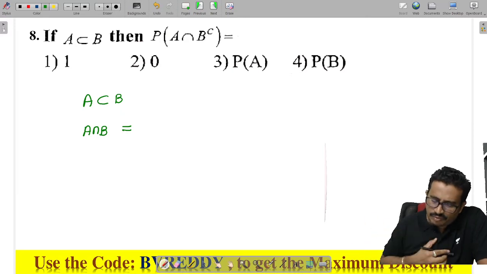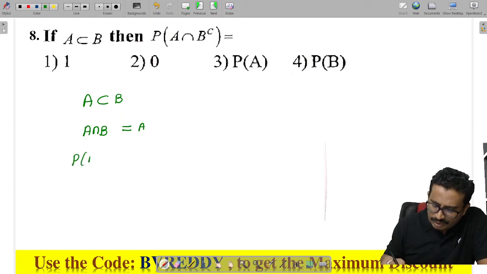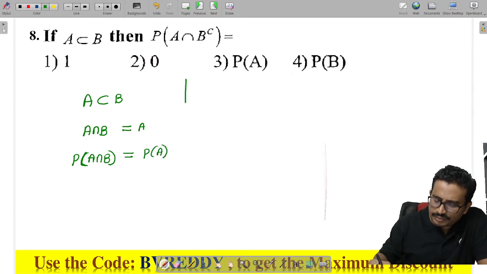The intersection between these two gives A. Then tell me, P of A intersection B is given as P of A only.